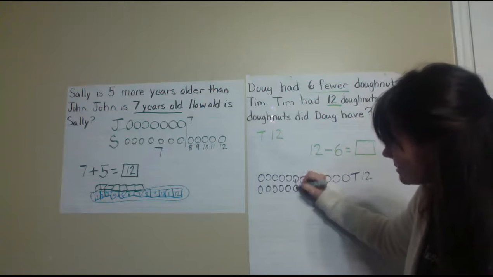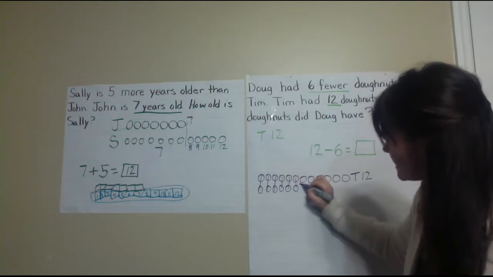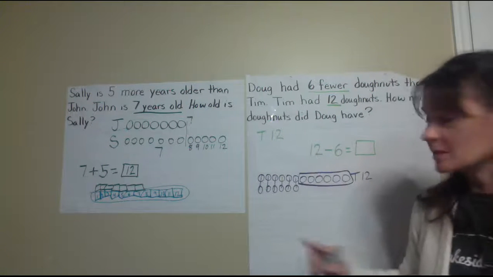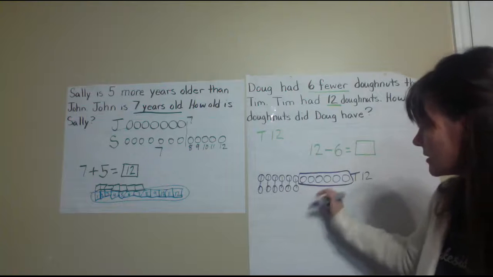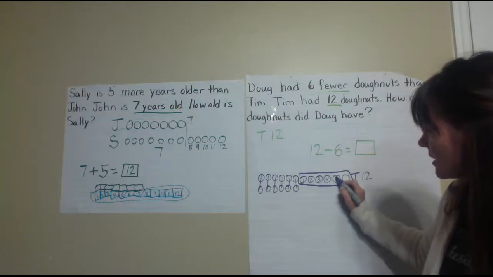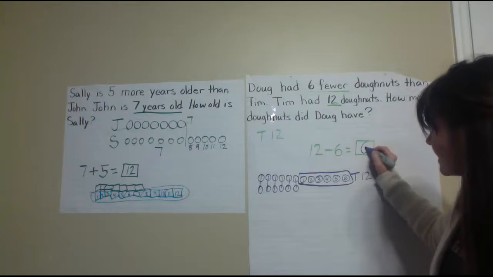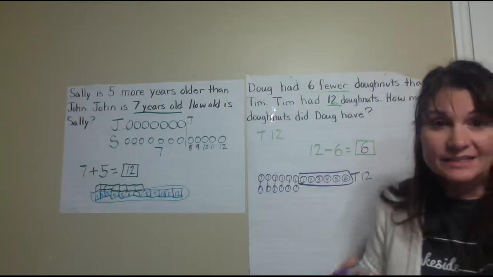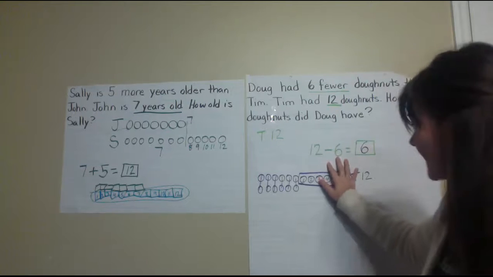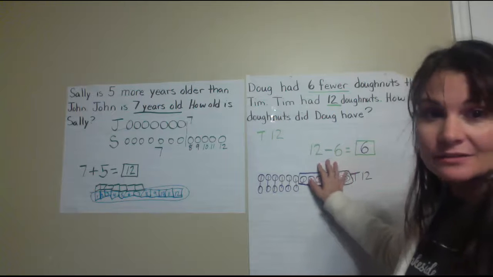Well, I can match those up. And that tells me that Doug had this many because he had 6 fewer. So that's 1, 2, 3, 4, 5, 6. So Doug had 6. That reminds me. That's a what, guys? That's a doubles fact. Great job.